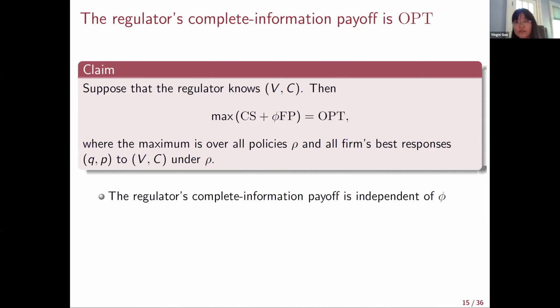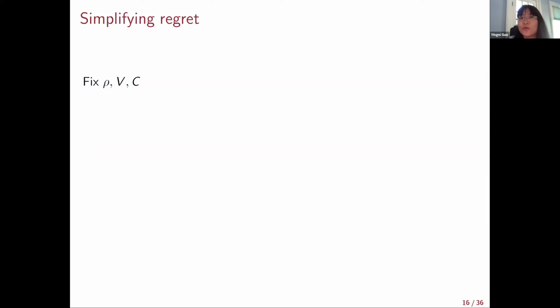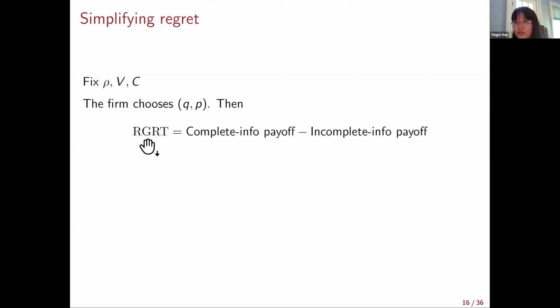Now, given this complete information payoff, we can calculate the regret. Fix a policy rho, a demand V, and a cost C. If the firm chooses Q and P to maximize its profit, the regret of the regulator is the complete information payoff minus the incomplete information payoff.